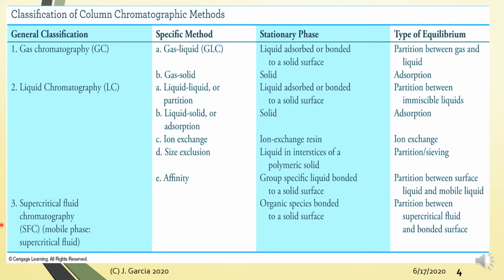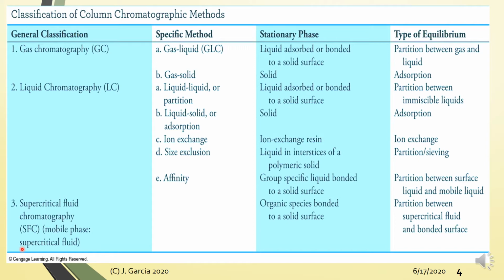Now, a third type, which we will not discuss in too much detail, is supercritical fluid chromatography, wherein the mobile phase is what you refer to as a supercritical fluid. From physical chemistry, I think you've heard this term.